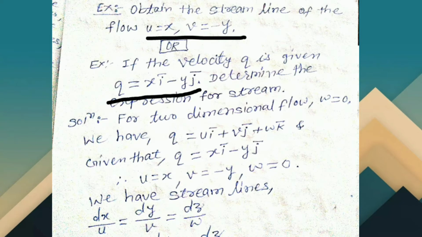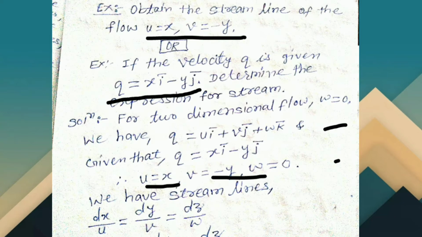Therefore u is equal to x, v is equal to minus y, and w is equal to 0.